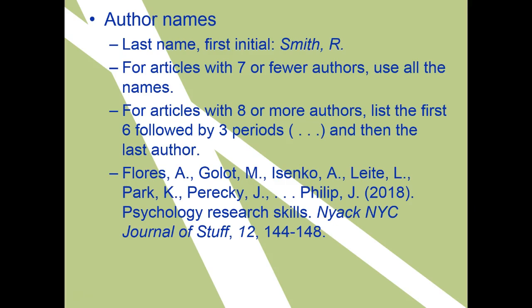One of the reasons why we don't use names in the reference page, just the letters representing the first and or second name and sometimes the third name, is because of, believe it or not, sexism.